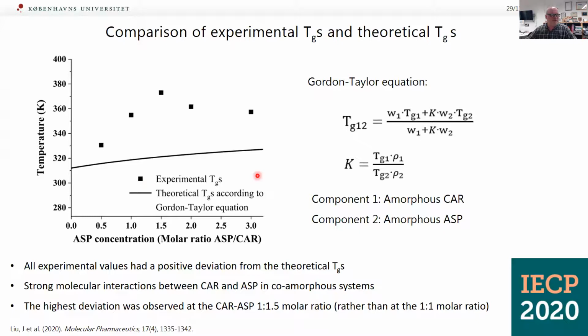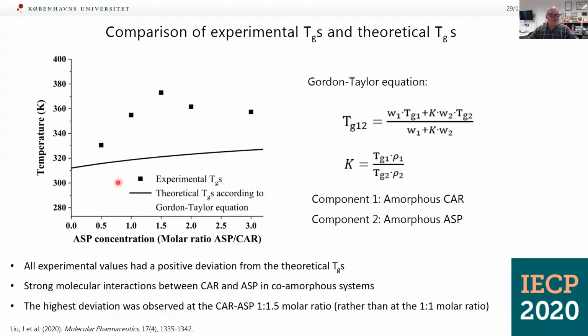If we're looking at the strongly interacting system first, we can calculate the theoretical Tg on the basis of no ionic interactions, based on the glass transition temperatures of the pure drug and of the pure amino acid. And that can be done according to the Gordon-Taylor equation. And we get this line here, which is the theoretical Tg line.